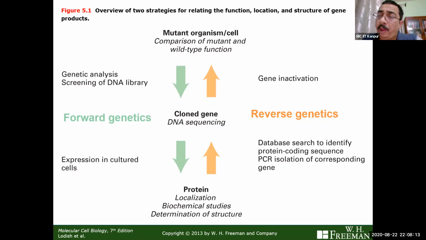So if you have a way of introducing each of the 10,000 genes one at a time in the mutant that cannot grow in presence of galactose, there will be one gene, right, which will allow it to grow in presence of galactose, which will allow you to utilize galactose as a carbon source. And only that one will survive on a galactose containing medium, right? So then you know which gene you have inserted. So then you got, okay, this is the gene responsible for yeast cells to grow in presence of galactose.